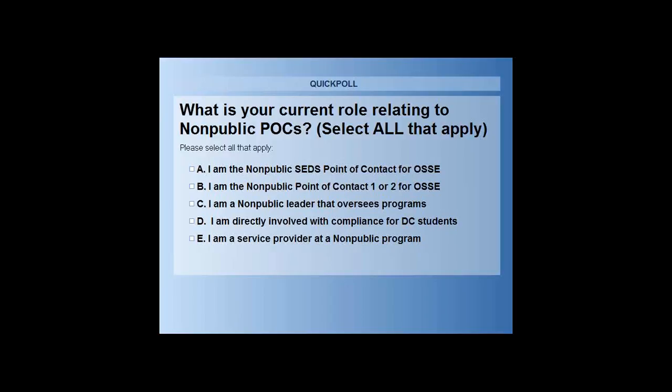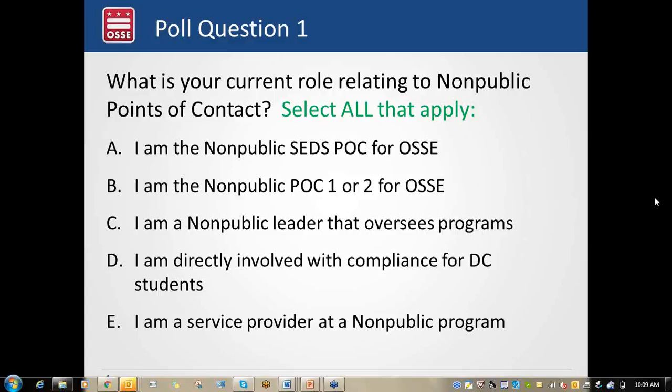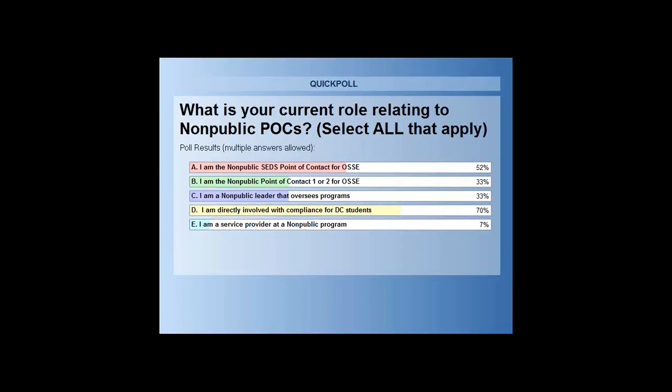Please take the time to vote. Select all that apply. A few more seconds to vote. Great, thank you for your vote. Here are the results. As you can see, a lot of you are involved directly with compliance. Several of you are the actual SEDS point of contact, and a fair amount of you are other types of points of contact or leaders.